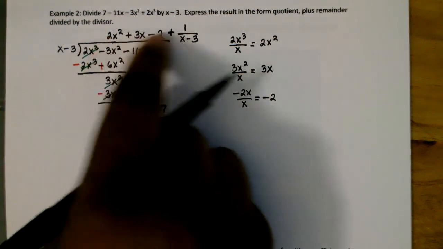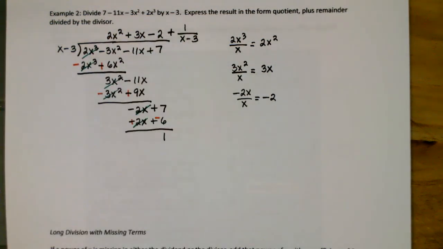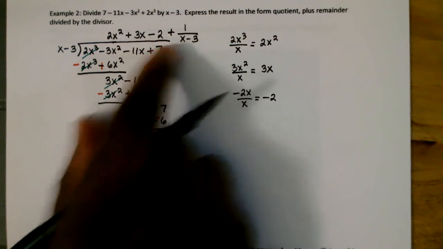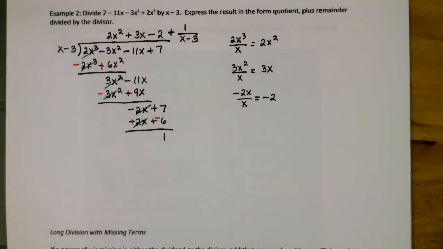So this will be the final answer: 7 minus 11x minus 3x squared plus 2x cubed divided by x minus 3 would be 2x squared plus 3x minus 2 plus 1 over x minus 3.